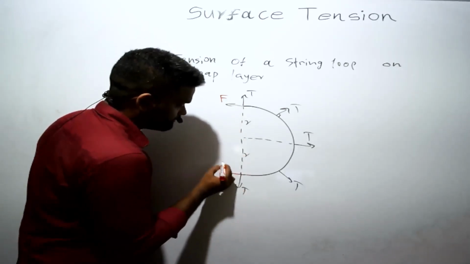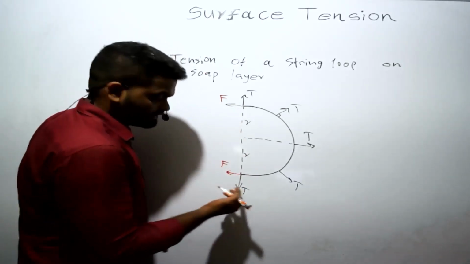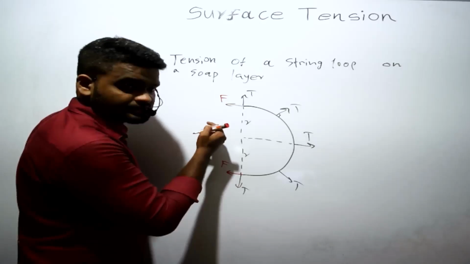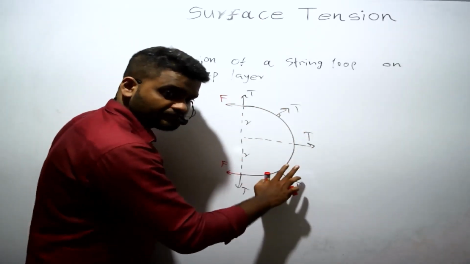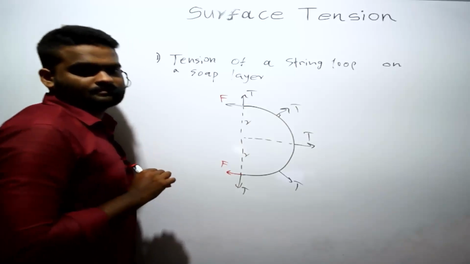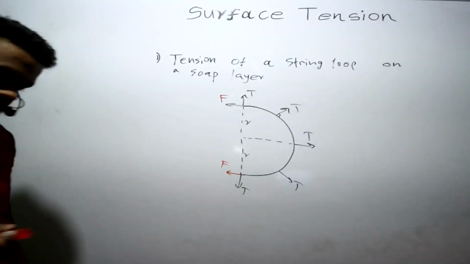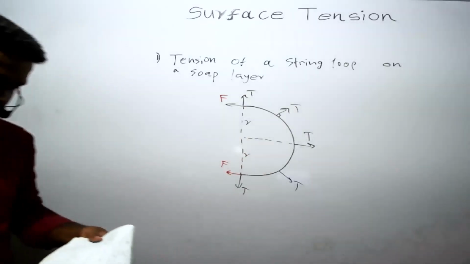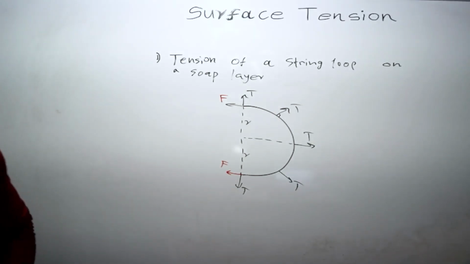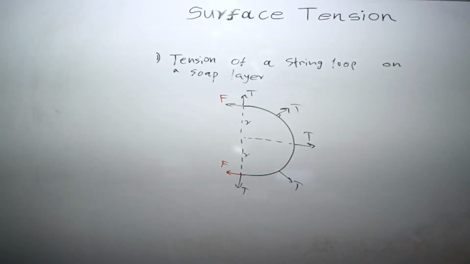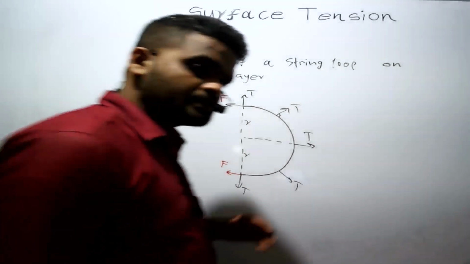Understood? The total force created by these surface tension forces is balanced by these two forces. Take it down, just draw this one. Thumbs up once you're done. I think you understand that, right? If not, ask me.